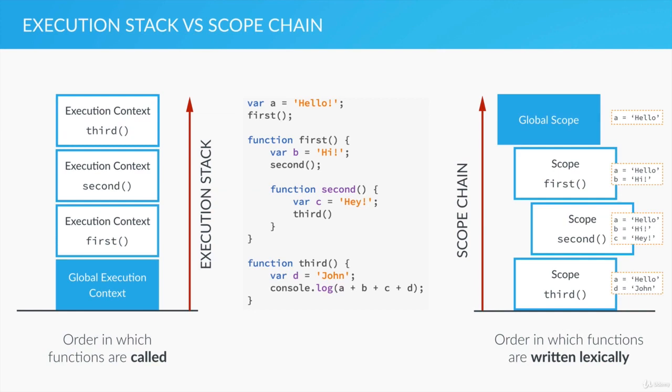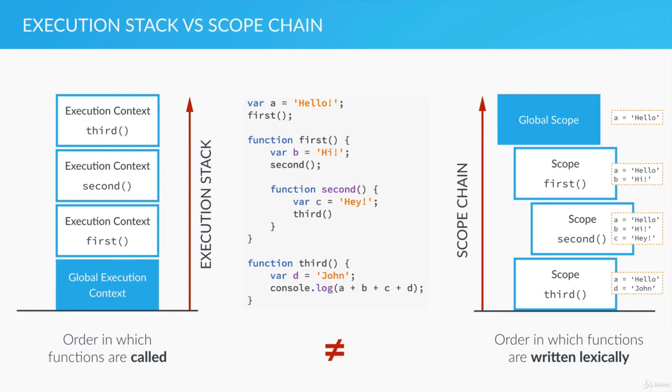Now let's remember that the execution stack is the order in which functions are called, but the scope chain is the order in which functions are written in the code, where they are lexically in our code. So the order in which functions are called does not determine the scope of the variables within these functions. What determines the scope of variables is where the functions are written.